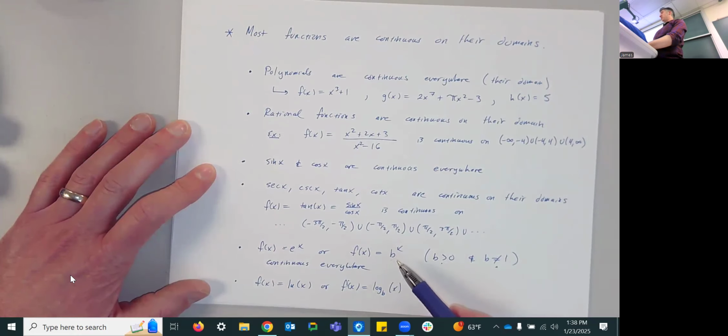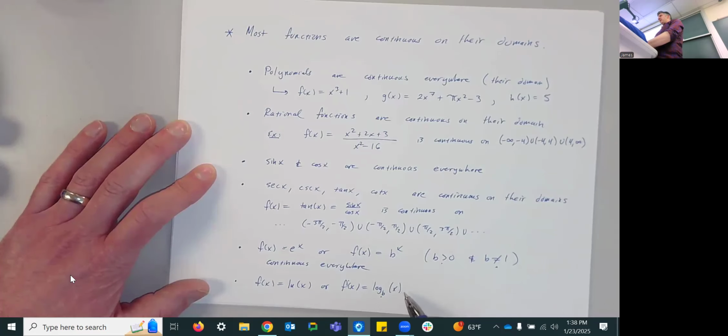It's just 1 to any power is always 1. It's a constant function. And why not 1 here? Well, log base 1 of anything is going to be problematic. It doesn't usually exist. So this is also continuous on its domain. Now the domain of the logarithm is much different, right? The domain here is every positive number from 0 onward.